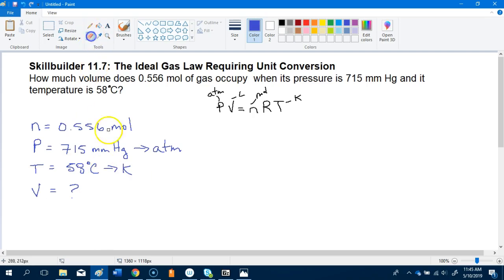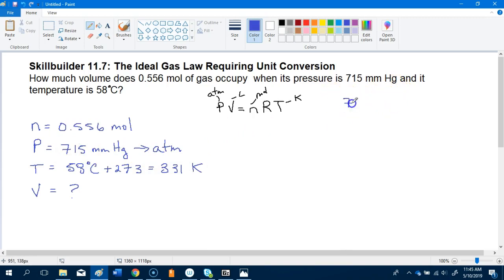So 58 degrees Celsius, I'm going to add 273 to that. That gives us 331 kelvins, so that's great. Now I have to do pressure, and I'm going to do my pressure over here.